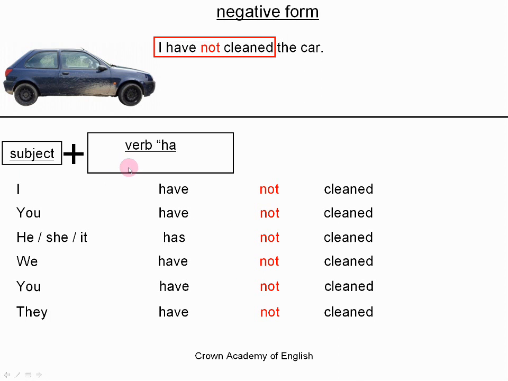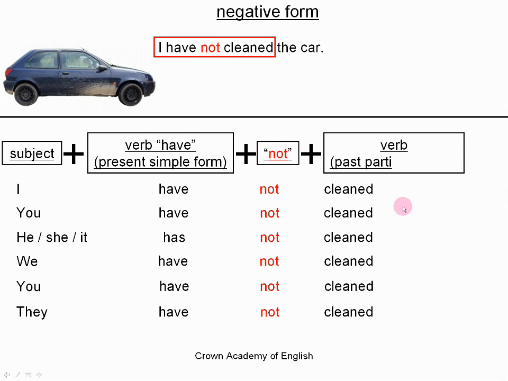Subject, the verb have in the correct form of the present simple. The word not, and then the past participle form again. Okay? And as always, be careful of he, she, it.